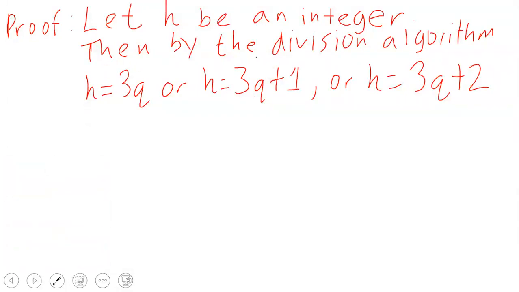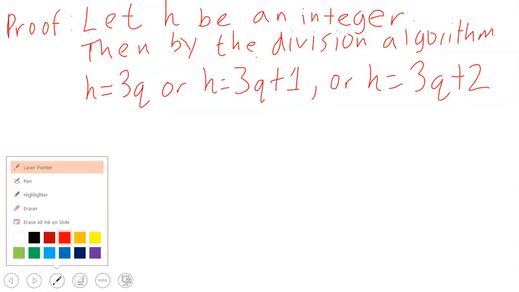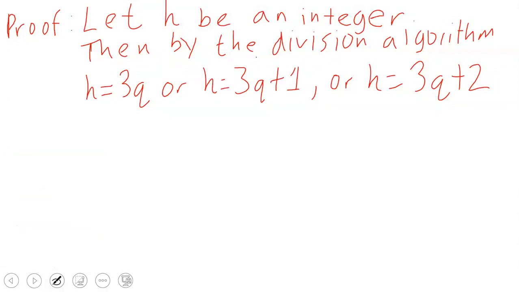And because we're providing a proof, we have to consider all cases. So suppose it is a number like 9, that's a multiple of 3. Or suppose we get something like 4. Suppose we got something like 5, right? Then we have to account for each of those cases.